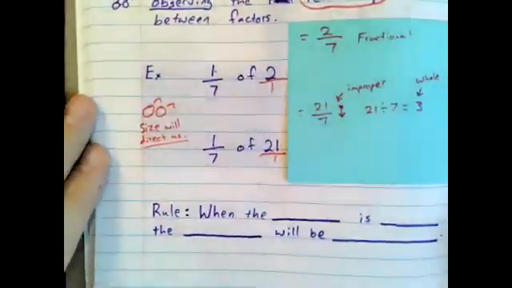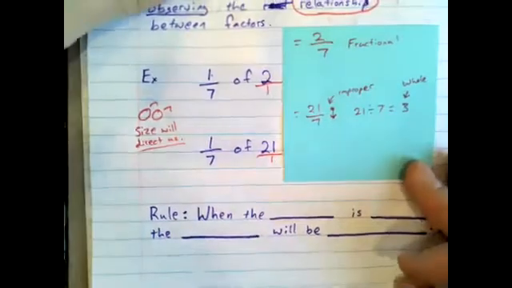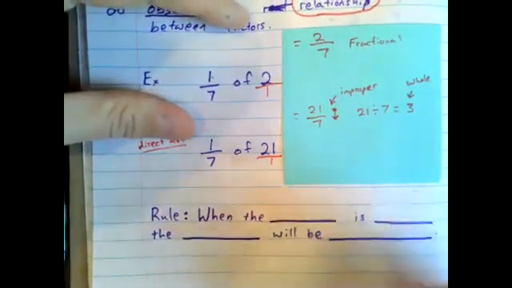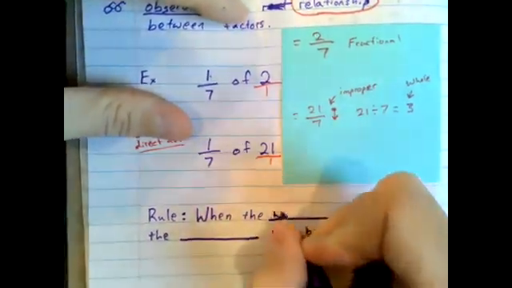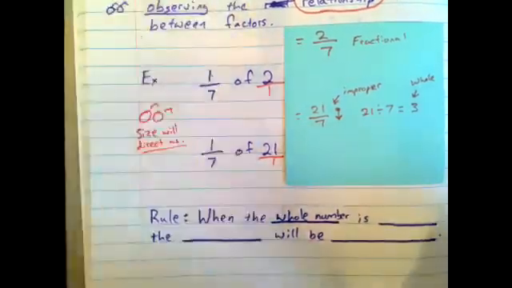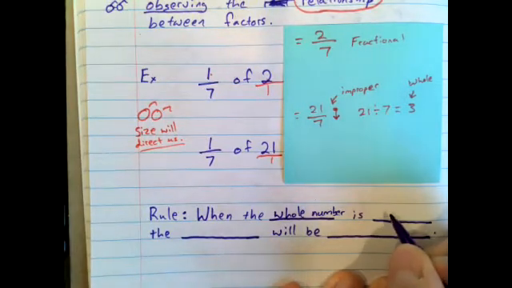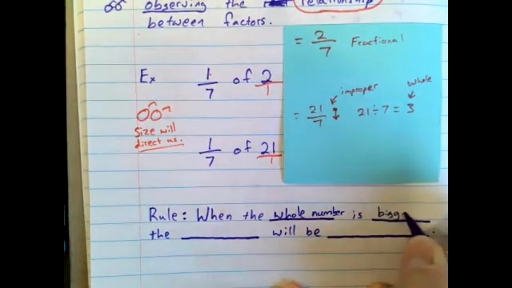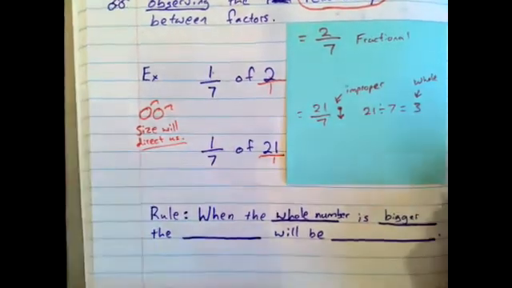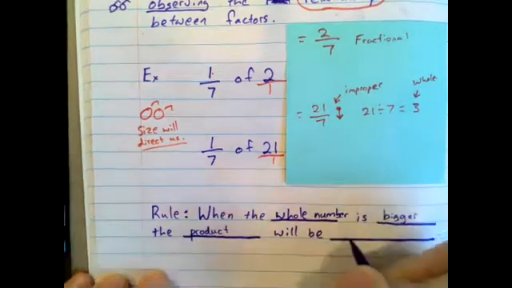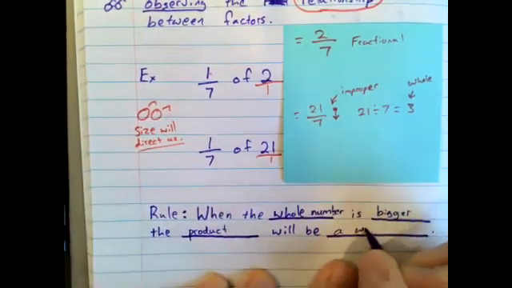What we can do is come up with a rule here. And the rule goes one of two ways. When the whole number is bigger, the product will be a whole number.